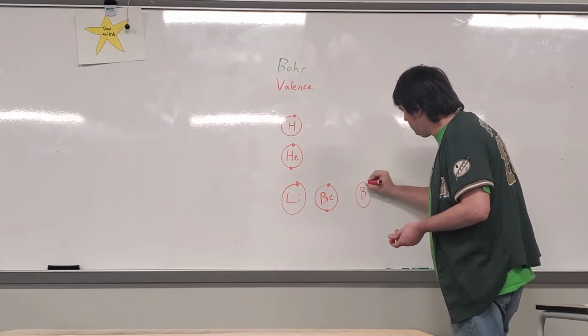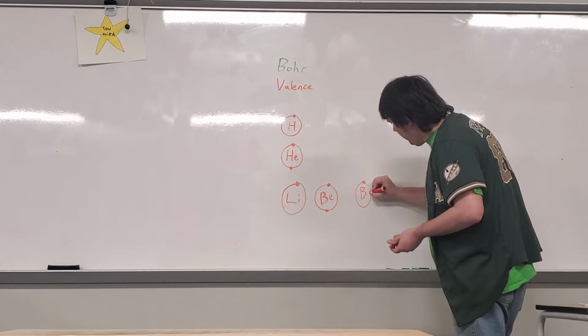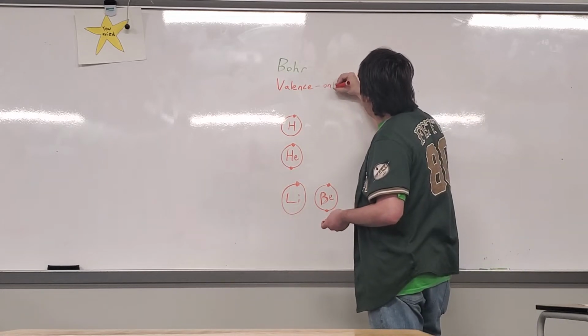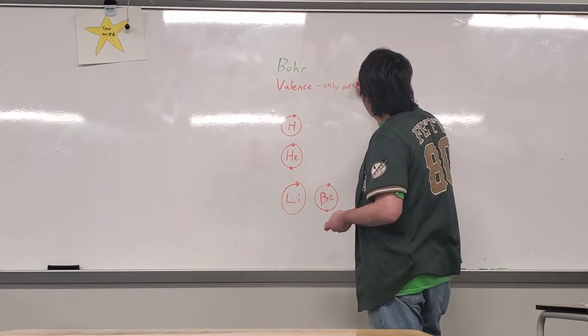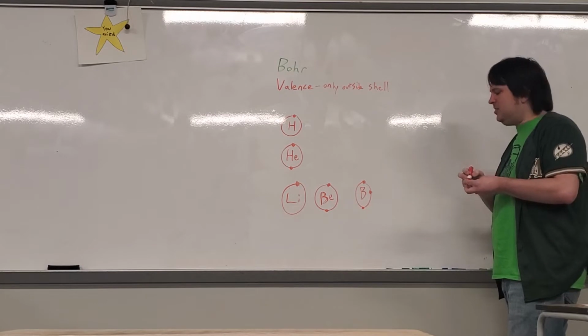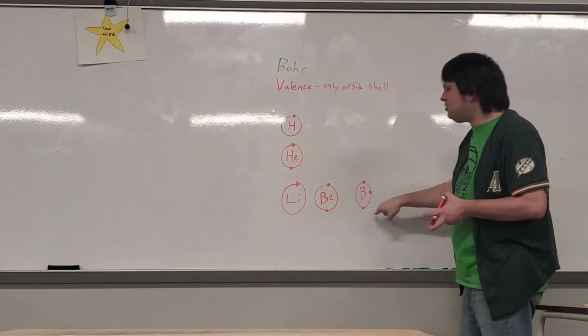Boron would only have the 3 because valence electrons are only that outermost shell, only the electrons on the outside shell.